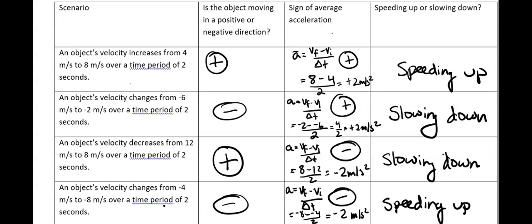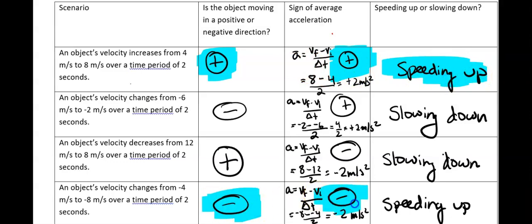Now let's summarize this. Interesting: if the signs of the velocity and acceleration are the same, so they're both positive, it's speeding up. Or if they're both negative, you're speeding up.